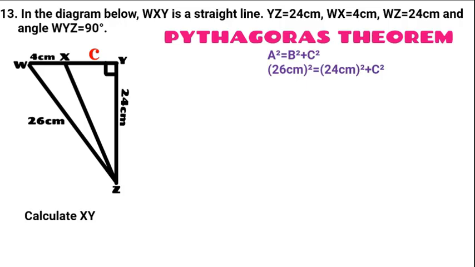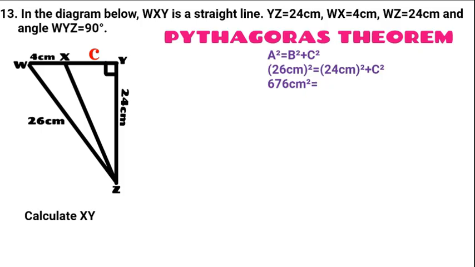Okay, once I've done that, the next thing I'm going to do is find the square of 26 and 24. When we multiply 26 by 26, what number are we going to get? We're going to get 676 centimeters squared.